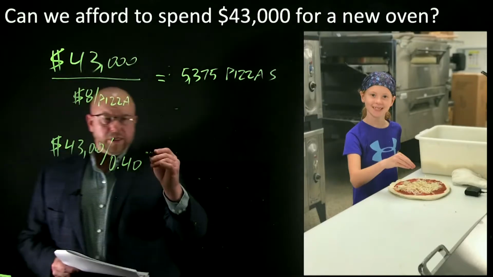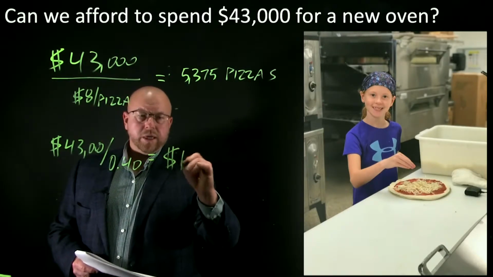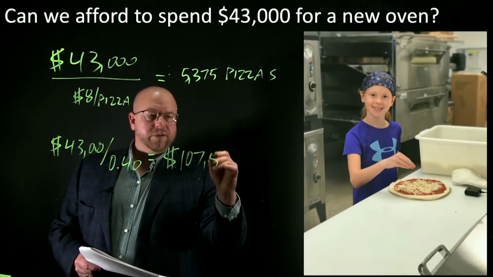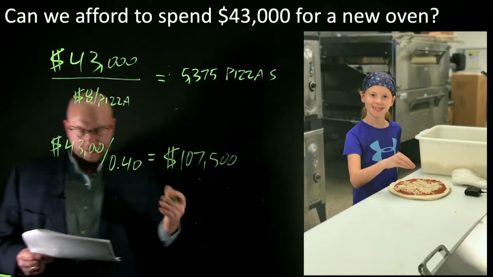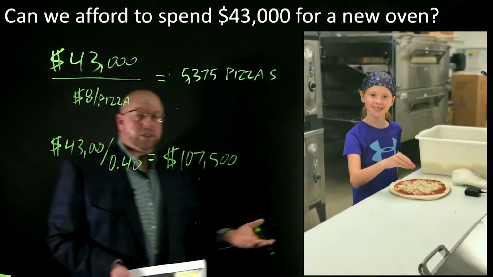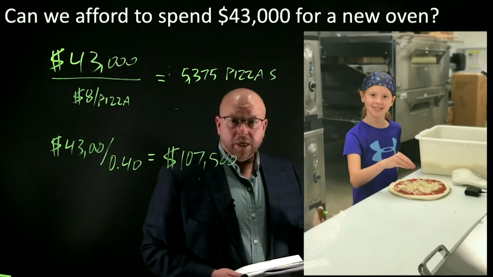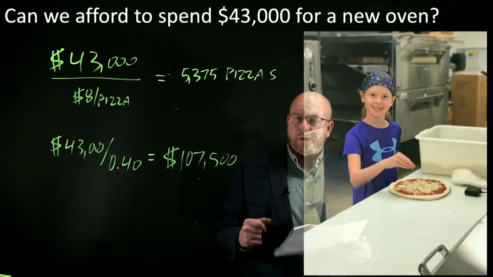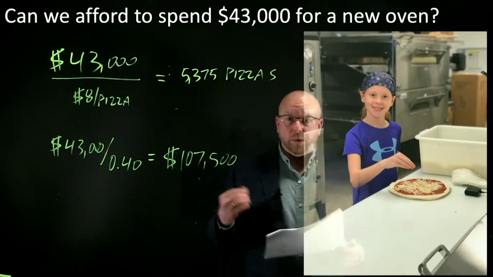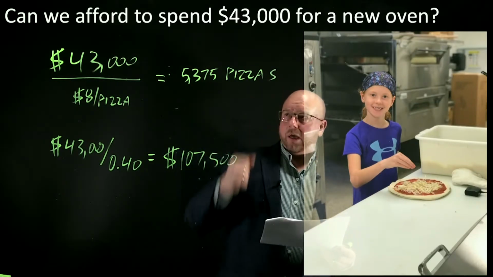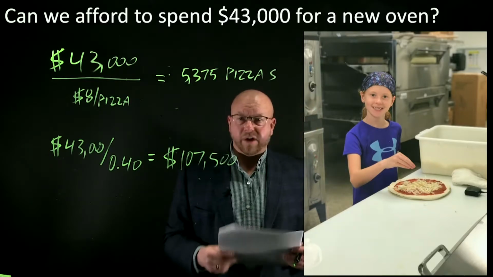So what we can do with this is we can say, all right, we need to generate sales revenue of $107,500. So the answer to this question, can we afford to spend 43 grand to buy a pizza oven, is, well, do you think that we will generate at least sales of 5,375 pizzas?